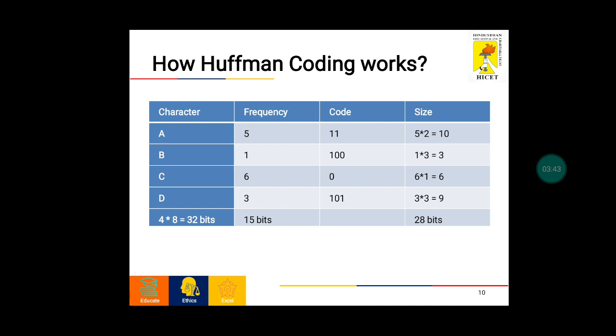The size is the frequency times the number of digits in the code. So we get 5 into 2 equal to 10, 1 into 3 equal to 3, 6 into 1 equal to 6, and 3 into 3 equal to 9. Here the bits required to send the characters is 4 into 8, that is 32 bits, then the codes require 15 bits, and the encoded string requires 28 bits.